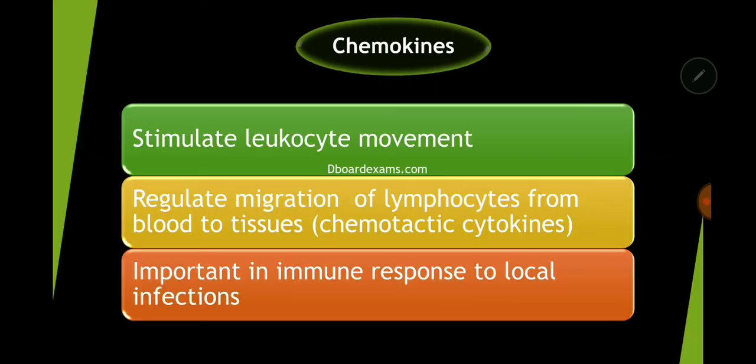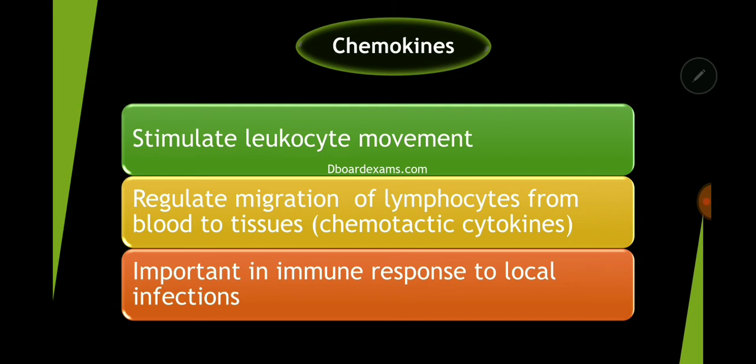All right. So, what are chemokines? So, the chemokines are cytokines. They are chemicals which induce the movement or chemotaxis of the immune cells. So they stimulate leukocyte movement.